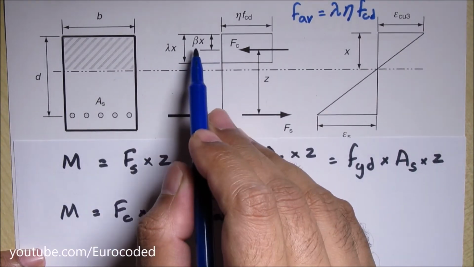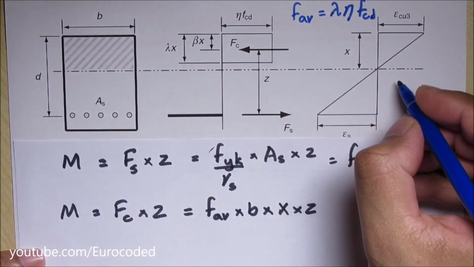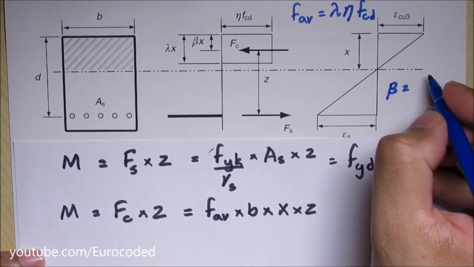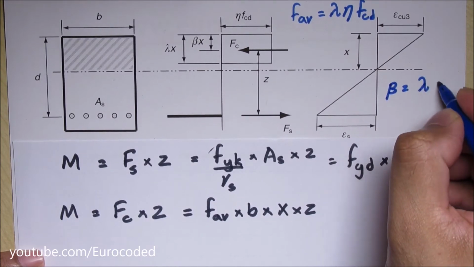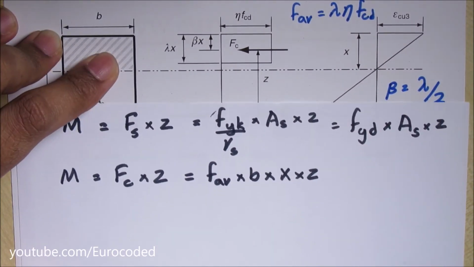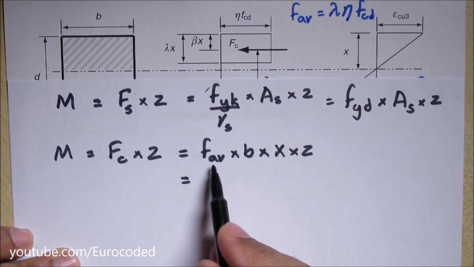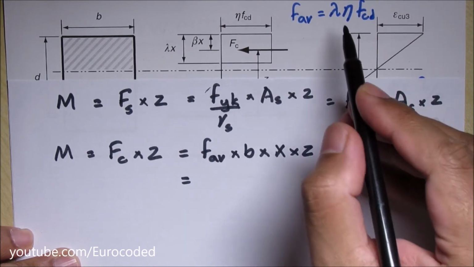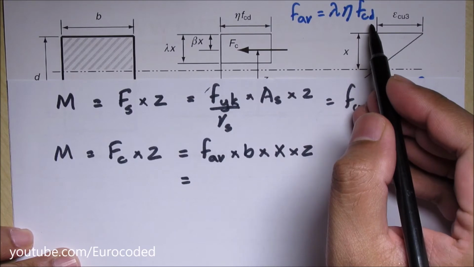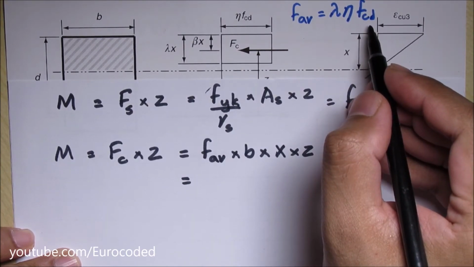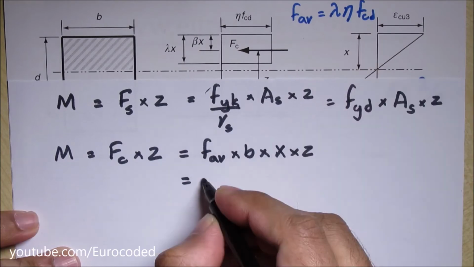And from this we can also write beta in here. Beta is equal to lambda over 2. Now we can rewrite this equation and we can replace Fav in here with lambda eta times FCD. FCD is the design compressive strength of concrete.